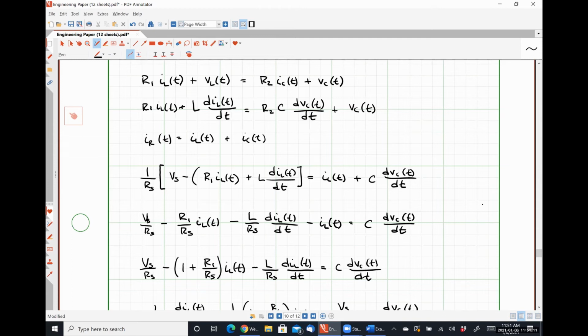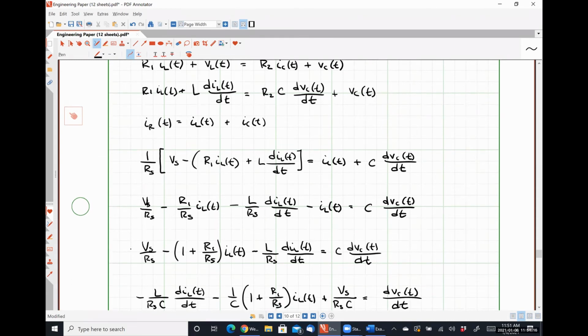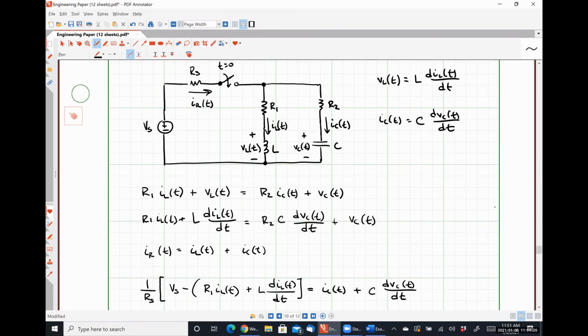I'm trying to think if there's a less punishing way to do this. So give me a second to think if I can come up with another relationship here. So we've done KCL. It's the fact that there are two resistors in here that are, if R1 or R2 weren't in here, this would be much easier.